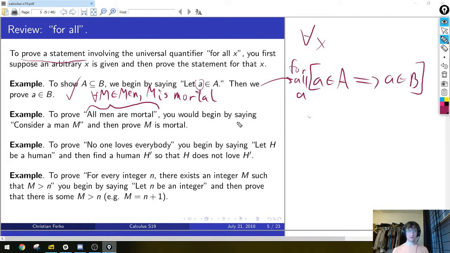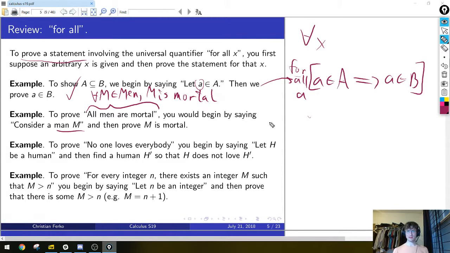How would you write a mathematical proof of that if these were well-defined mathematical words? You would start by saying, consider a man m, just like we said, let a be in A. Then you would prove that man m is mortal. And then you would think of wrapping that entire argument in a for all men m. The argument applies to every man, therefore every man is mortal.